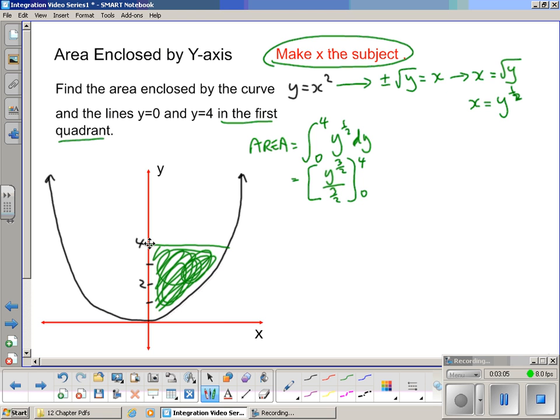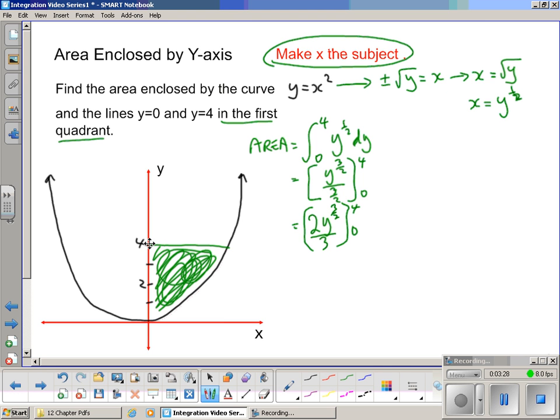And when we're dividing by a fraction, we multiply by the reciprocal. So that turns out to be 2y to the 3 over 2 over 3, when we turn the bottom upside down and multiply, between 4 and 0.